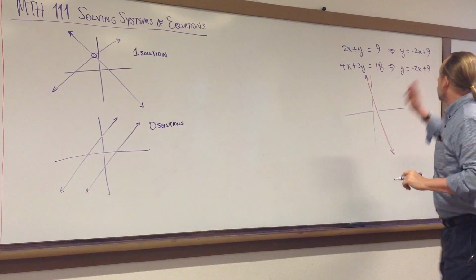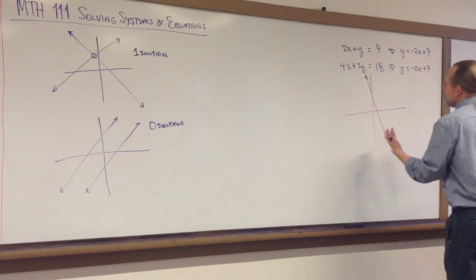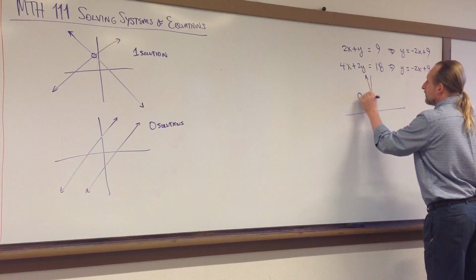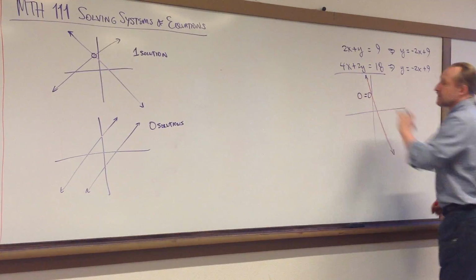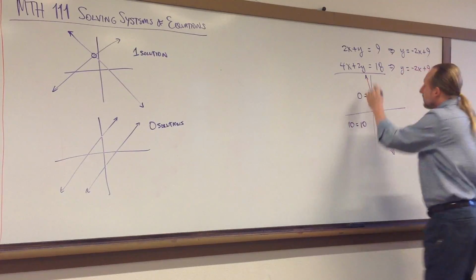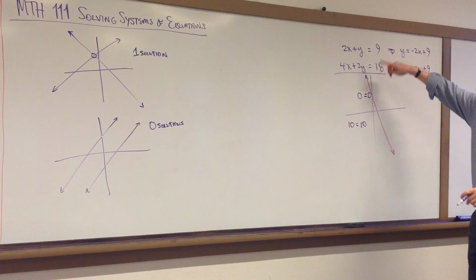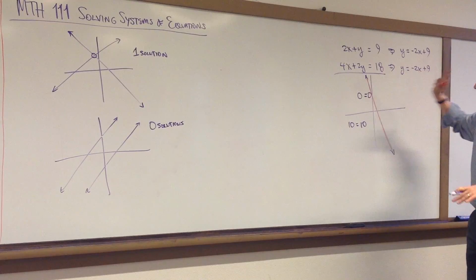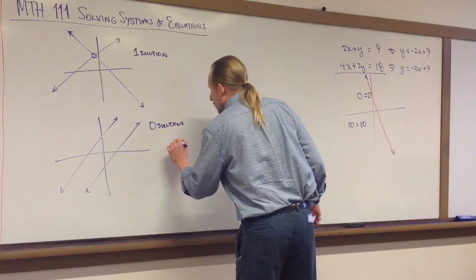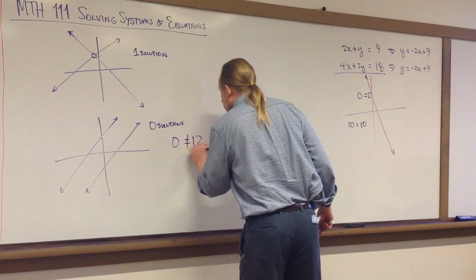When you're solving a system like this, if you end up with a true statement, like if you add these two together and get 0 equals 0 or 10 equals 10, then you're looking at two versions of the same line, so you have an infinite number of solutions. This one is going to end up like what we just saw, 0 equals 12.